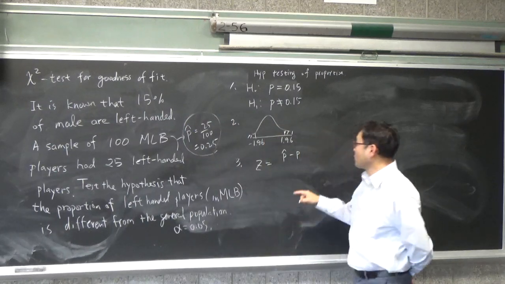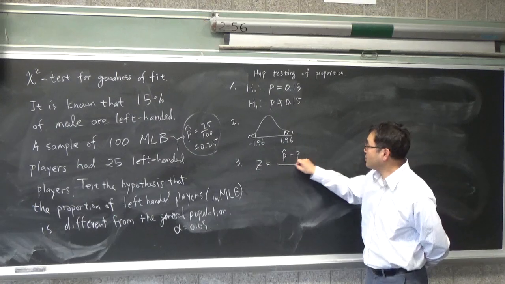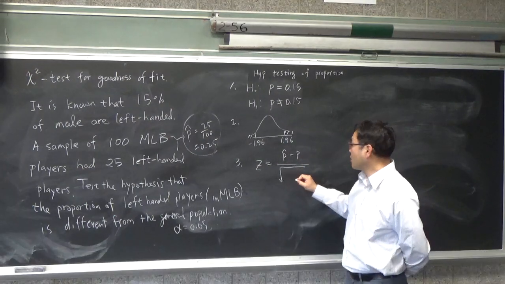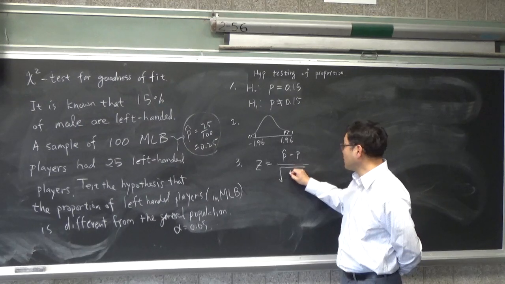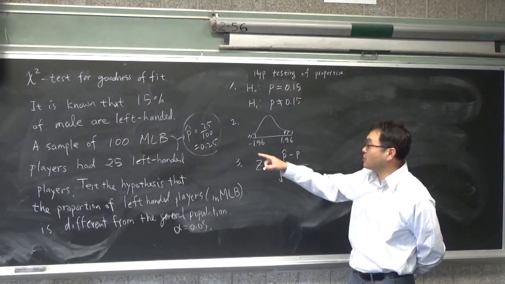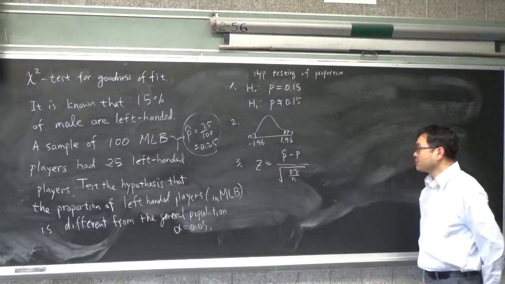So from there we have P hat 0.25 minus 0.15 divided by square root of, the variance is PQ for a Bernoulli trial, and because you have n number of these, you take that.